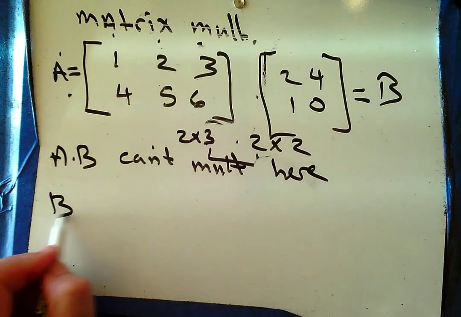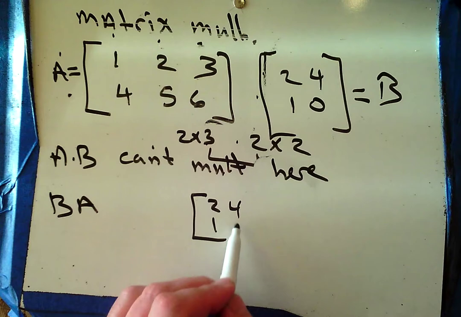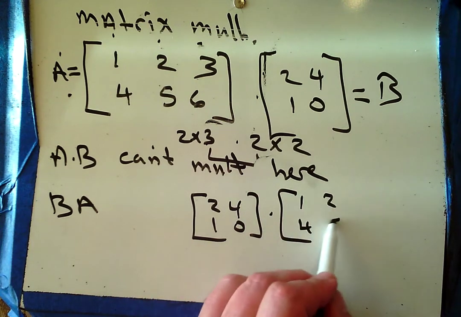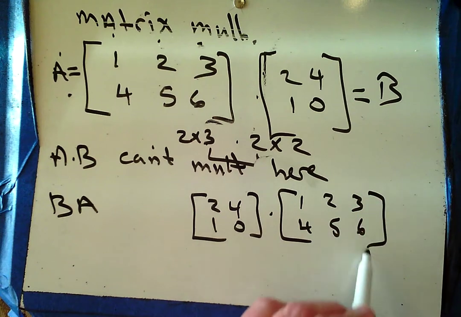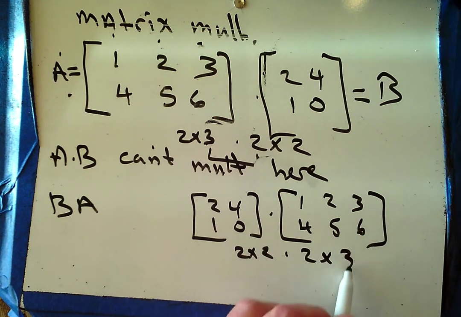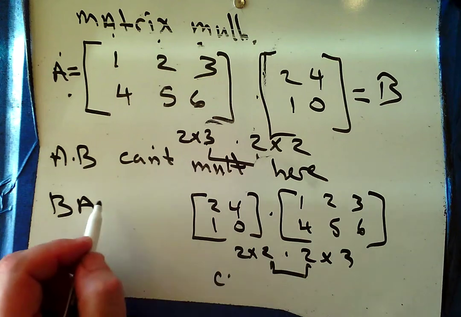But what if we talk about B times A? What if we talk about 2, 1, 4, 0 times 1, 4, 2, 5, 3, 6? So this is a 2 by 2 times a 2 by 3. These numbers are the same, which means that we can multiply.